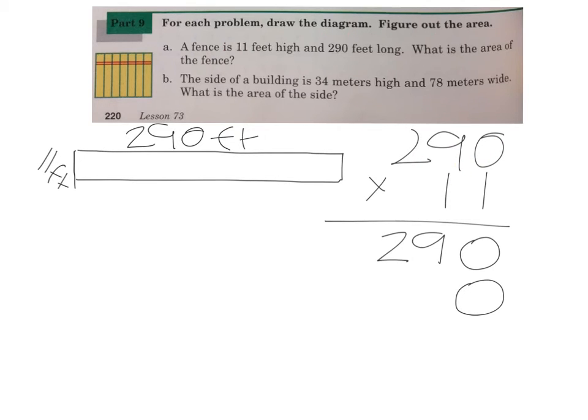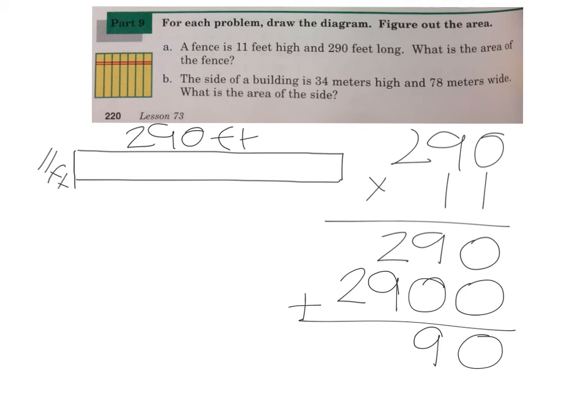So I've got 1 times 0 here, which is 0. 9 times 1 is 9, and 2 times 1 is 2. And then I add them together. 0 plus 0 is 0. 9 plus 0 is 9. 2 plus 9 is 11. I carry the 1. So I have 3,190.